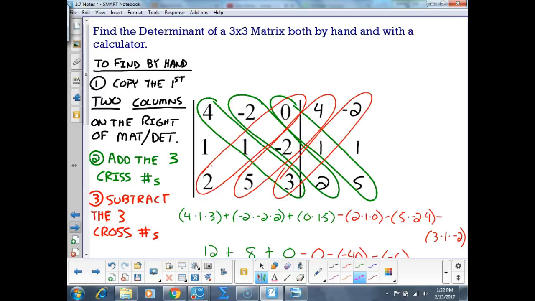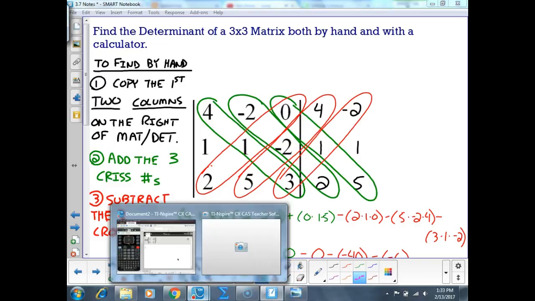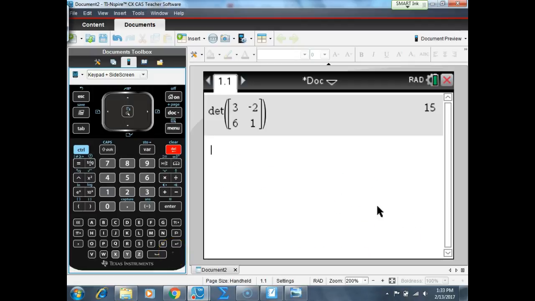Okay. Now, find the value of that. I'll rewrite that matrix up here, but I want you to find the value of this one using your calculator. If you can't read that, there they are. So, type in DET again.